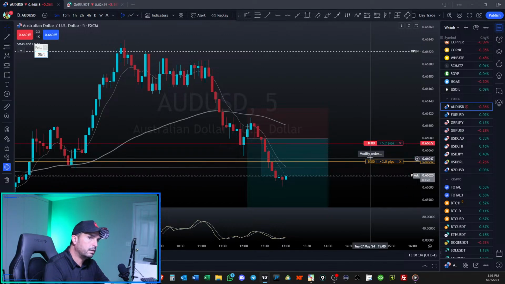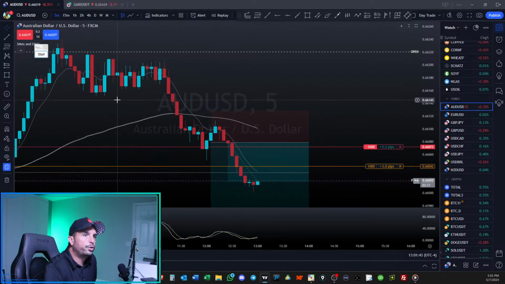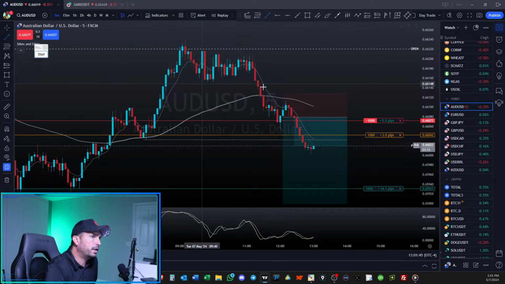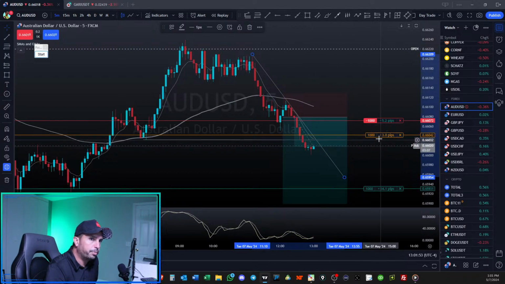I always put the stop a little higher than the, well, don't worry about it. Or just do this. If you want to be safe, put a trend line. Put a trend line over here. If the price breaks that, then that's where you put the stop.